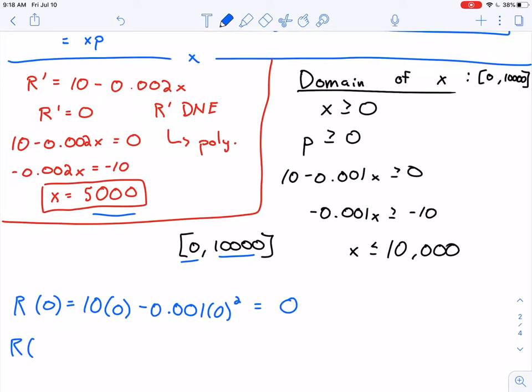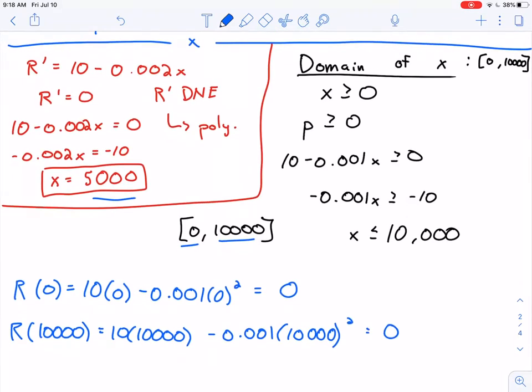Here, I'll take 10,000 now and plug that in for x. So I'll have 10 times 10,000 minus 0.001 times 10,000 squared. Be careful of your zeros. And here I should find once again that I end up with 0. That's no good.